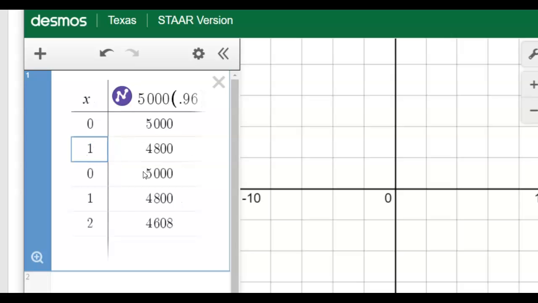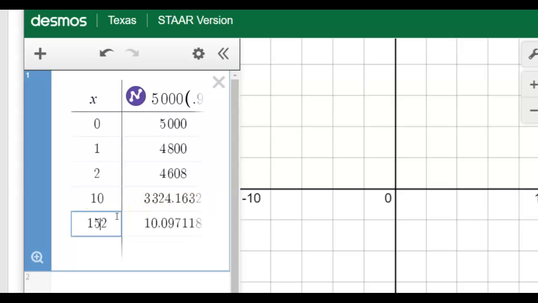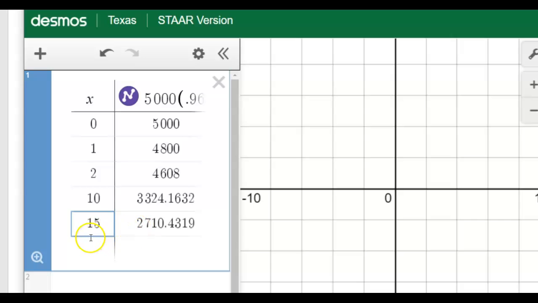And so 1, 2, or even close to $500. No, instead of doing 1, 2, 3, 4, 5, I'm going to skip down to 10 years. Is that close to it? It's closer, but it's not very close. So I'm going to skip count. Are we getting closer?